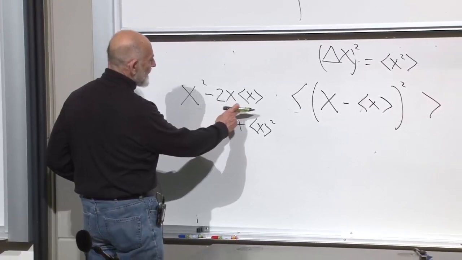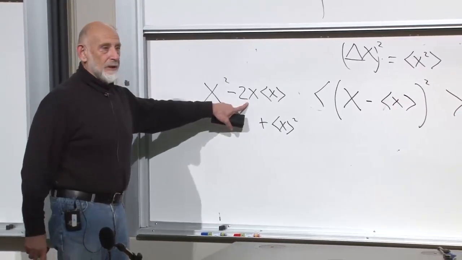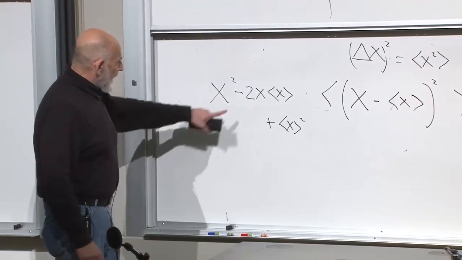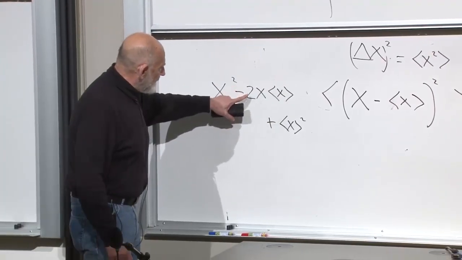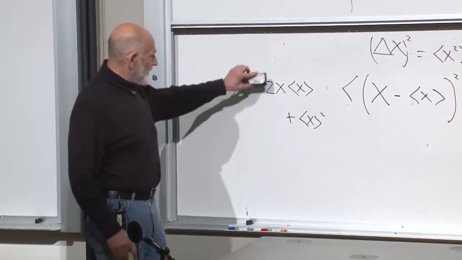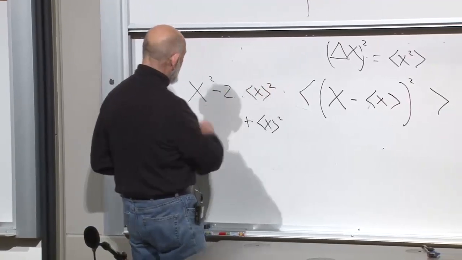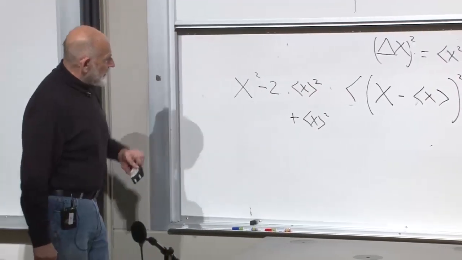What about this one here? Same thing. Not quite. Minus 2 times the same thing. So if I average this quantity here, it will be minus 2 times the average of x squared. And what about this one?